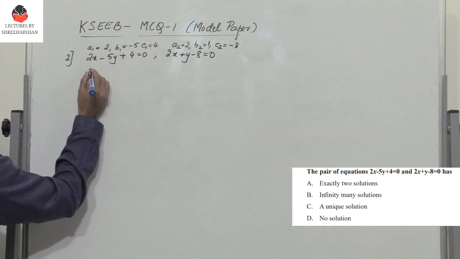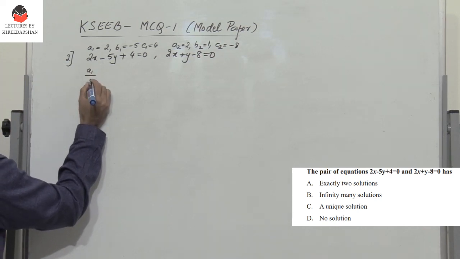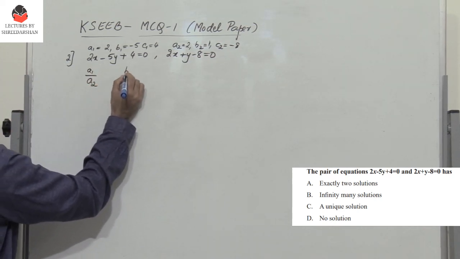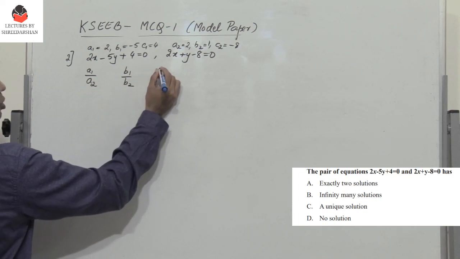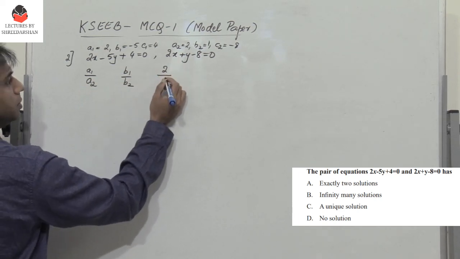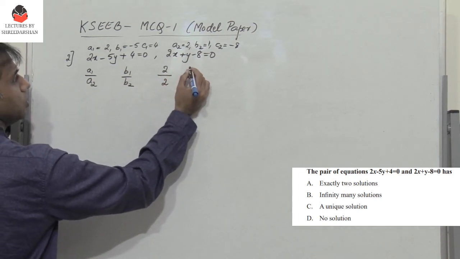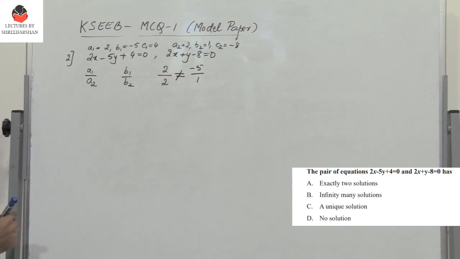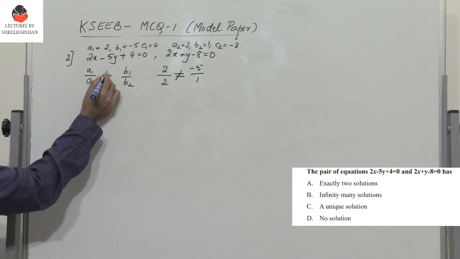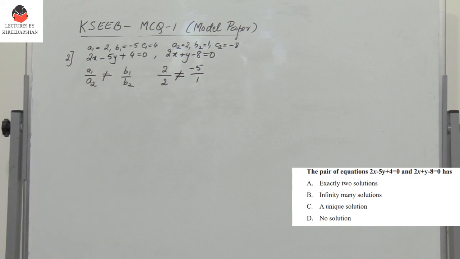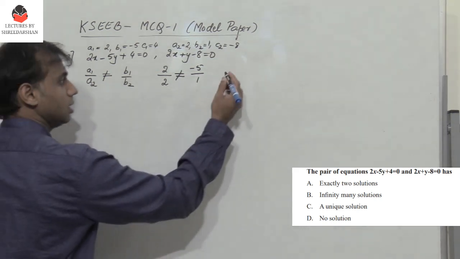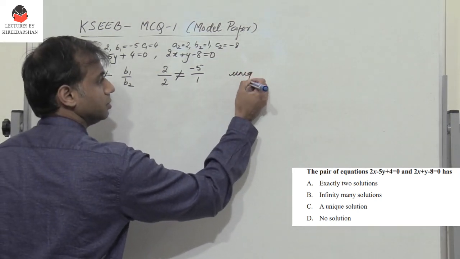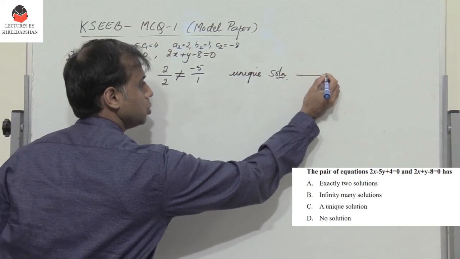Let's observe a1 by a2 and b1 by b2. a1 is 2, a2 is 2, b1 is minus 5, b2 is 1. We observe that these two are not equal. That means a1 by a2 is not equal to b1 by b2. If a1 by a2 is not equal to b1 by b2, then we know that we have a unique solution. And this corresponds to C.